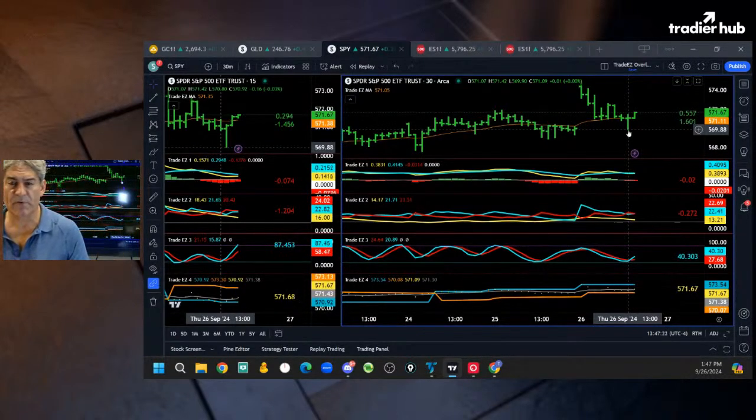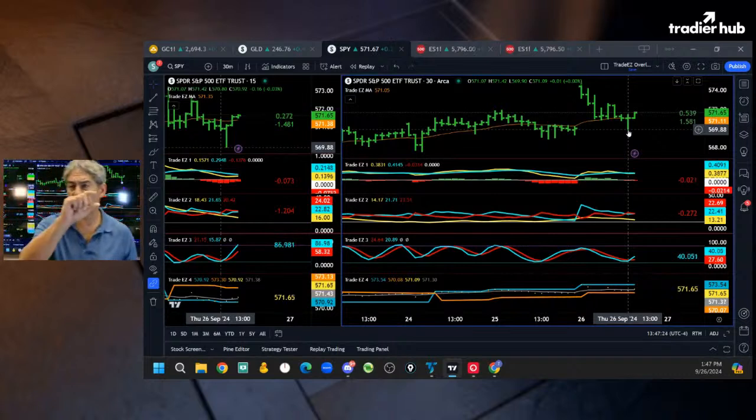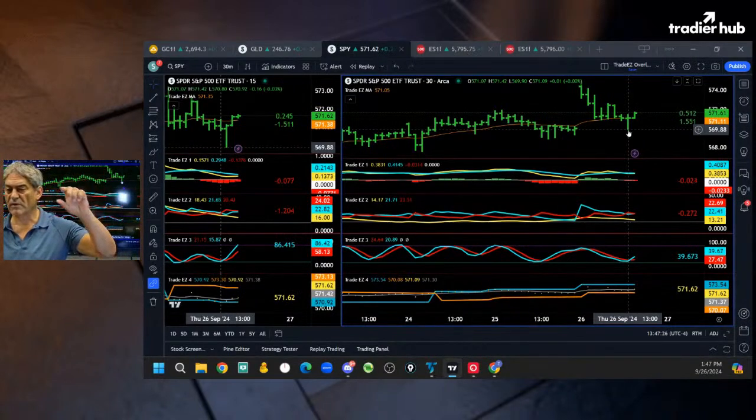Yesterday there was a period of about 45 minutes that the QQQs, the Nasdaq futures, just stayed within a 30, maybe 40 cent range on the QQQs.